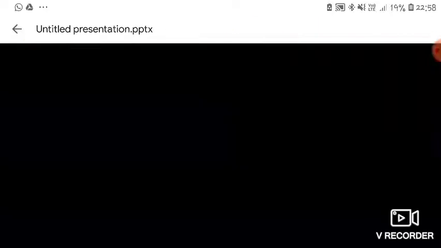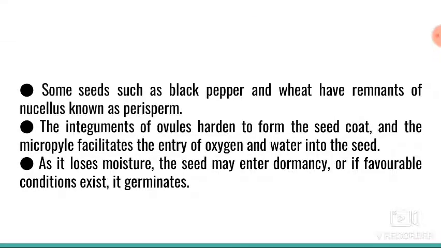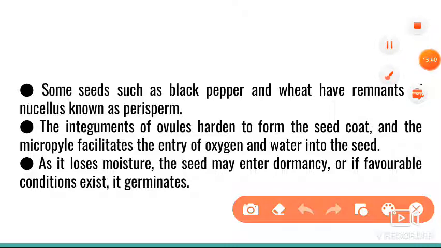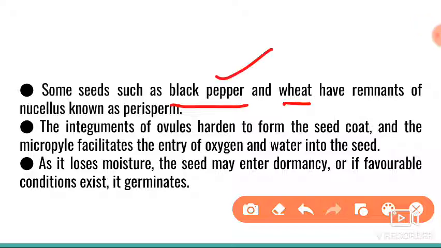Moving to the next one, in some seeds, for example black pepper and wheat, some amount of nucellus is retained, or remains present after the fertilization and the development of the seed.